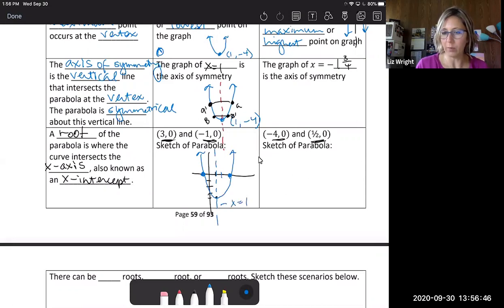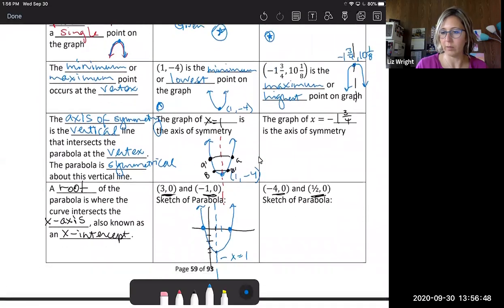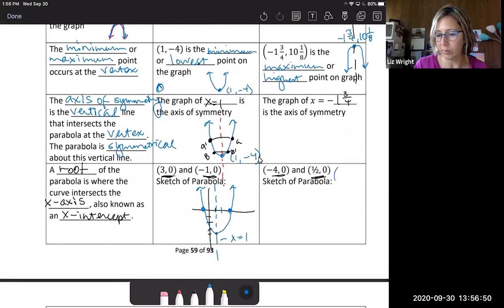Then for our other problem, to remember what our vertex is, we've also got the point to graph, -1 3/4 and 10 1/8. So here for my graph, I've got -1 3/4, so I'm going to put that almost at 2, all the way up to like 10 and an eighth.